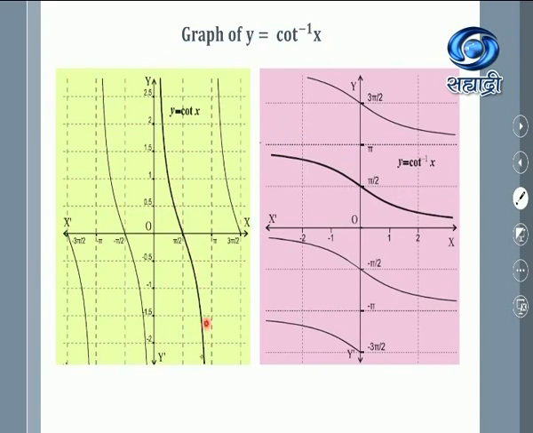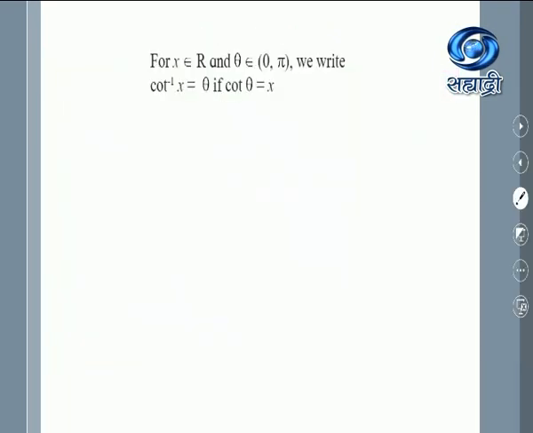So, the inverse of this branch is nothing but this darkened branch. The interval is the open interval 0 to pi, and we will have to find out the domain and the range for the inverse function. From the graph also it is possible. Clear? So this is about y equal to cot inverse x.